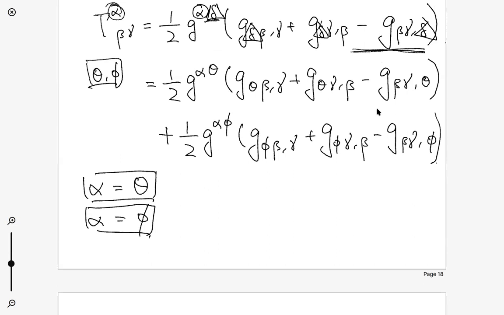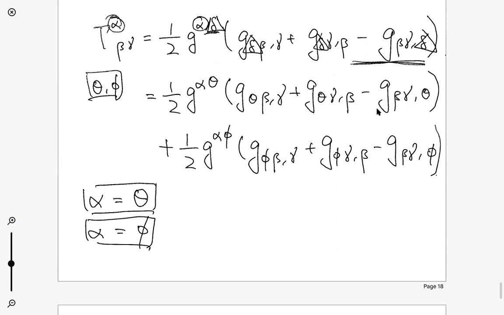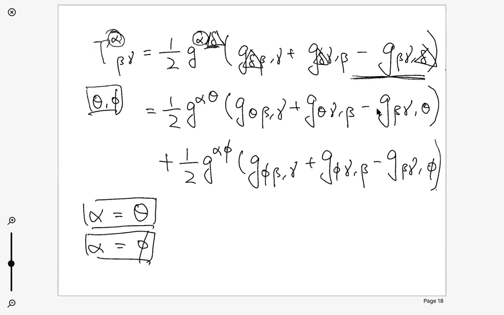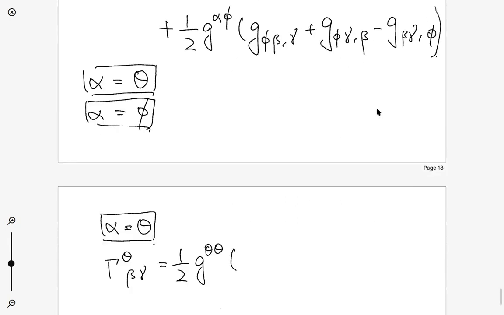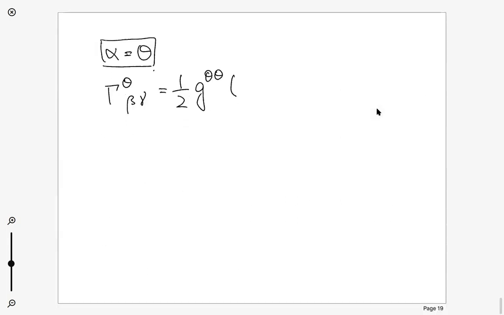So we would have the Christoffel symbol, alpha now is theta, and then beta, gamma, equals the first line, g theta theta. Oh, sorry, I'm writing here. And then g theta beta gamma, g theta gamma beta, minus g beta gamma theta.